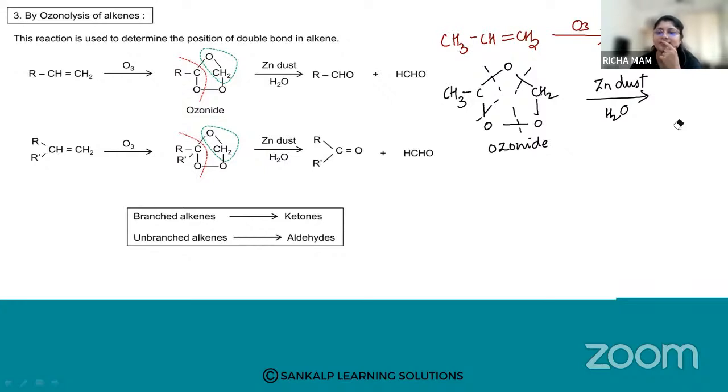CH3CHO plus HCHO. Is it right? Propene ozonide. Ethanol, yes, ethanol is produced. Very good. So an ethanol and a formaldehyde is produced.